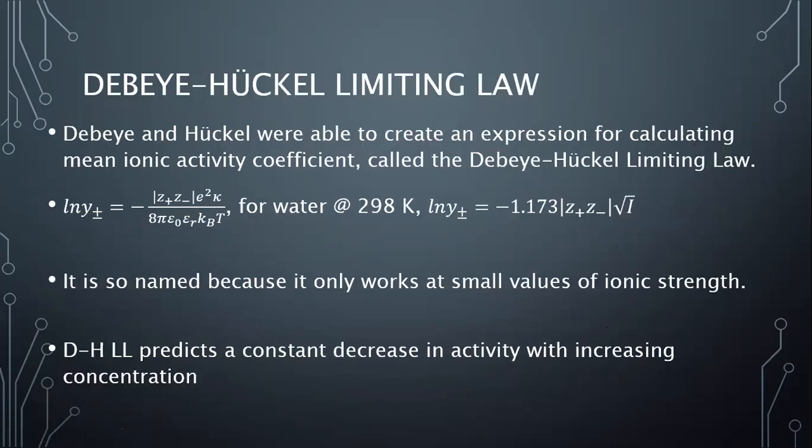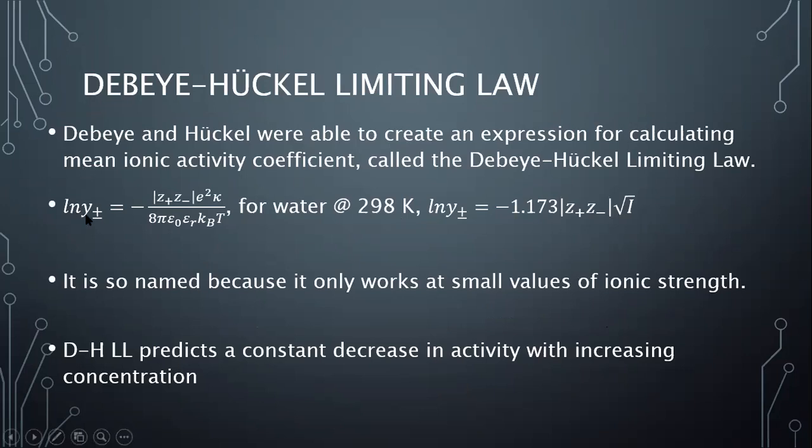But finally, before we actually do math, is the Debye-Huckel limiting law. Debye and Huckel were able to create an expression for calculating the mean ionic activity coefficient called the Debye-Huckel limiting law. I'm going to say the DHLL.